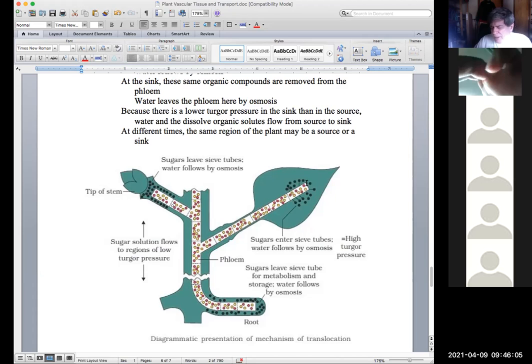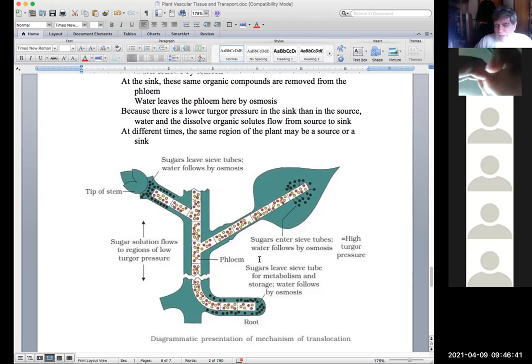What happens is the leaf transports sucrose or some other carbohydrate, usually it's sucrose, inside the phloem, inside those sieve tubes. So sugar is transported into the sieve tubes. Now, when we transport sugar into the sieve tubes, that lowers the concentration of water. So what does that do? That pulls water into these sieve tubes.